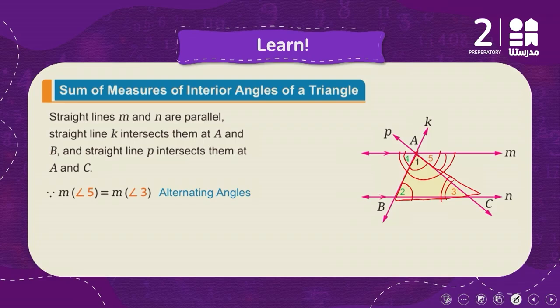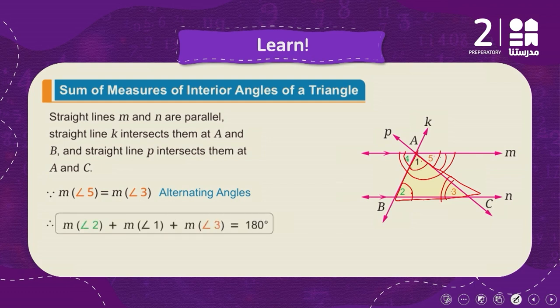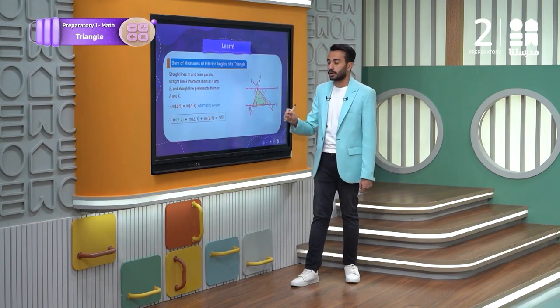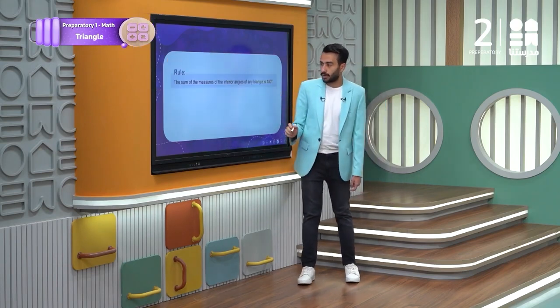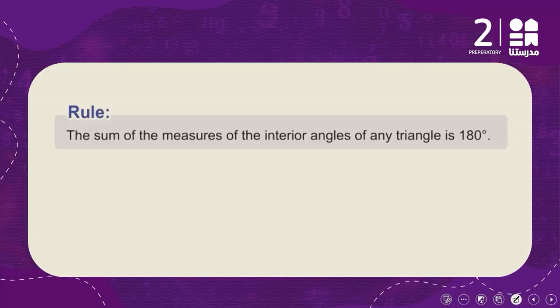As 4 equal to 2 and 5 equal to 3, we have 1 inside, يبقى أكيد angle 1, 2 and 3, they have the same sum as 1, 4 and 5, which is 180 for sure. So this is the way of how we found that the sum of measures of angles inside the triangle is 180. From this rule, we can say that sum of measures of interior angles of any triangle is 180.